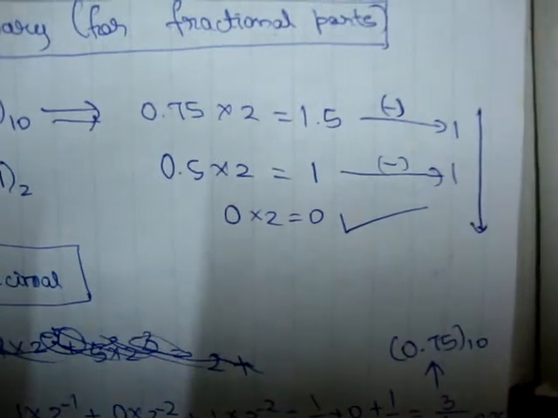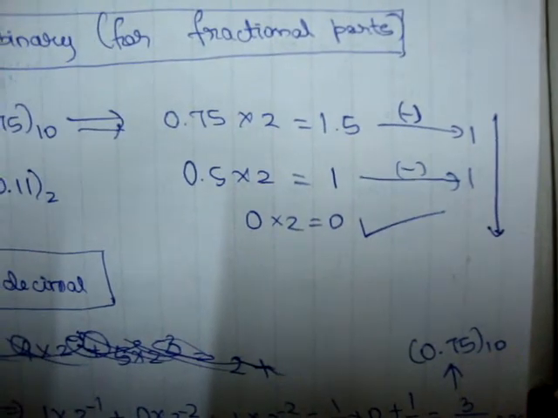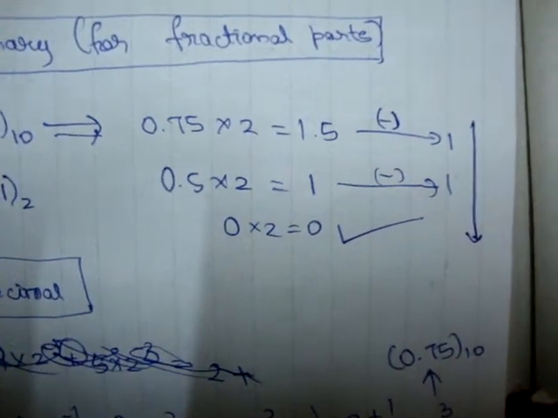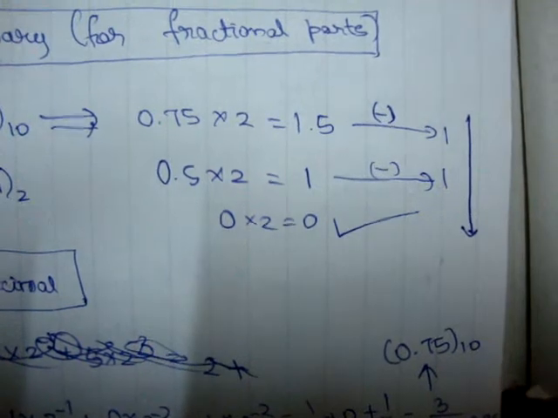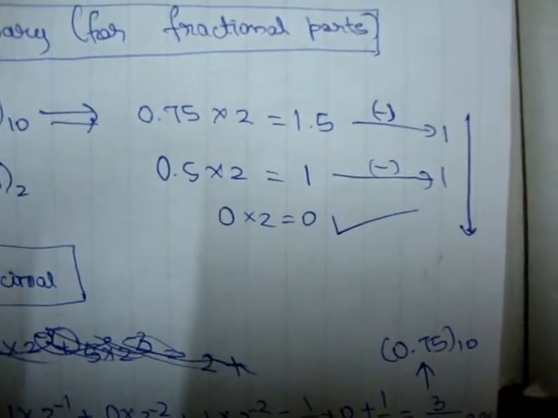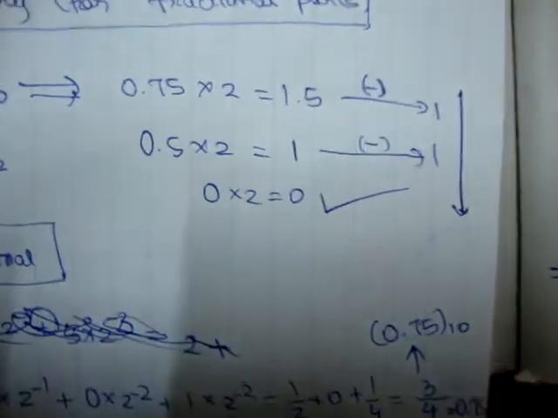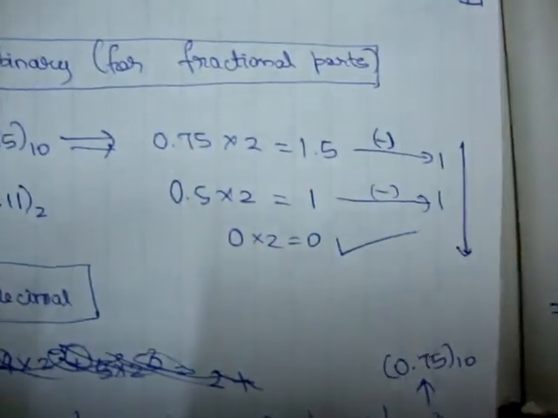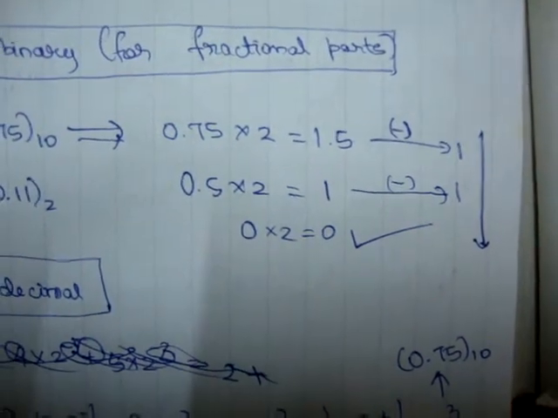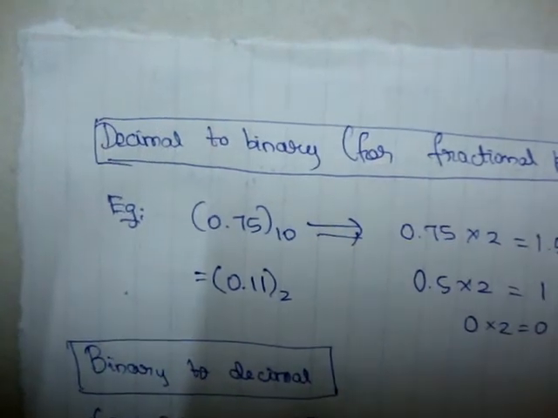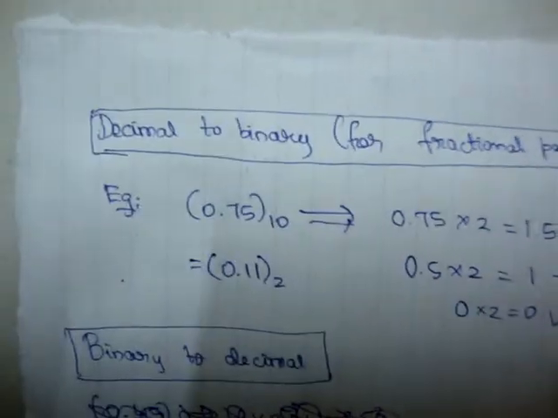We'll get some number. From that number we consider only the fractional part, keeping the integral part aside, and repeat the step until we get only an integral part, with no fractional part remaining. Here it is 0.75 into 2 for decimal to binary; for quaternary it's 4, for hexadecimal 16, and for octal 8.